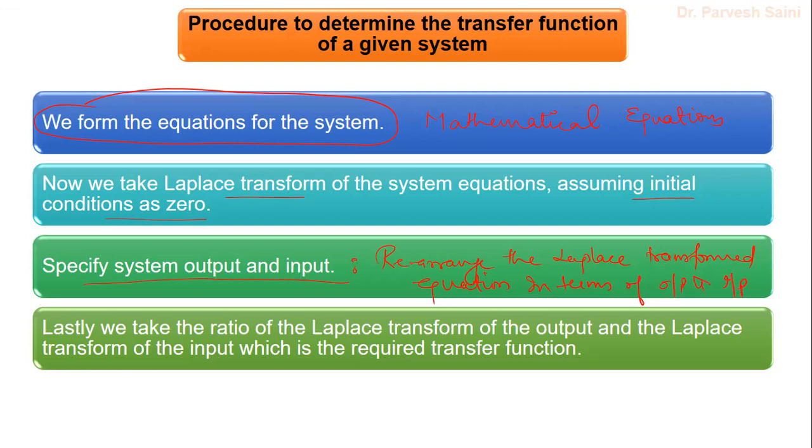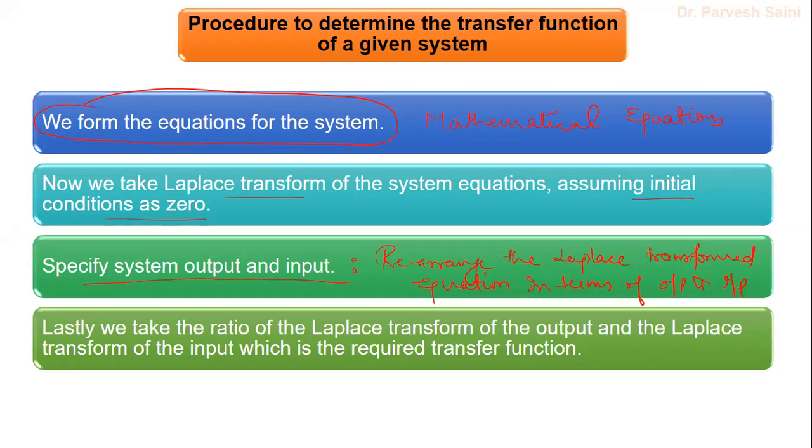Okay, so we separate the input parameters, we separate the output parameters, and rearrange the equation so that it becomes easy for us to take the ratio, right? Then the last step is that we take a ratio of Laplace of output to the Laplace of input, and that would give us the required transfer function.